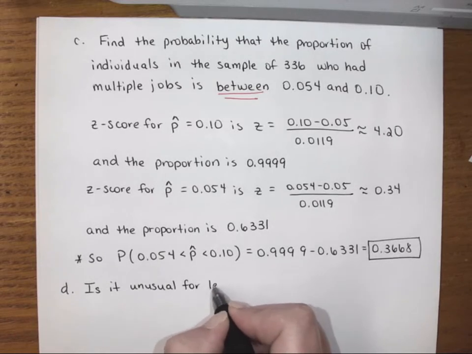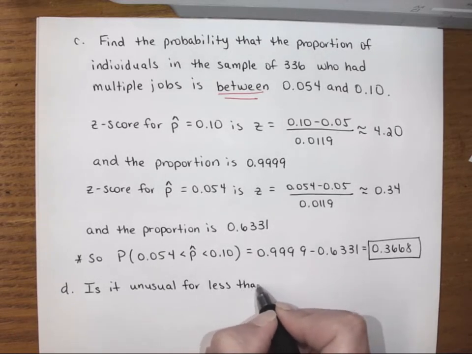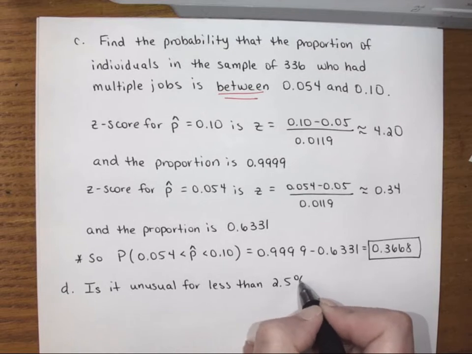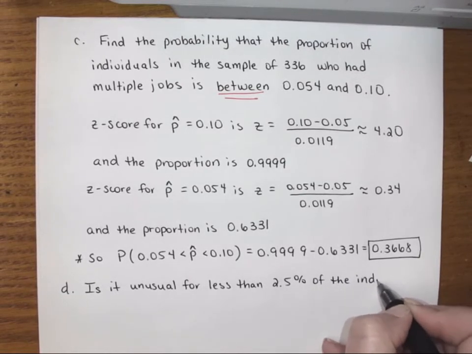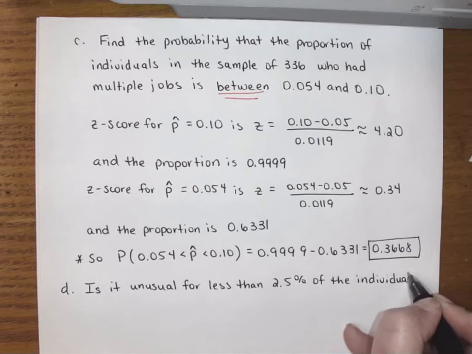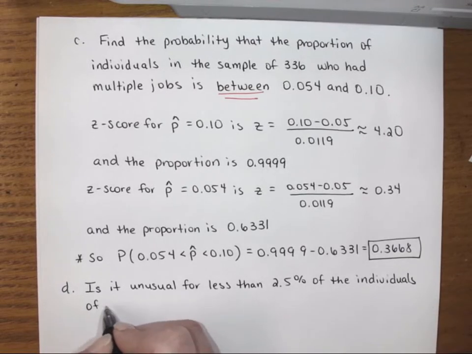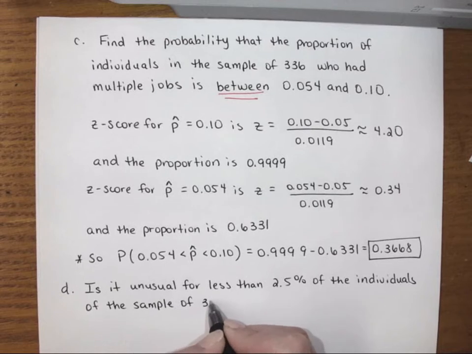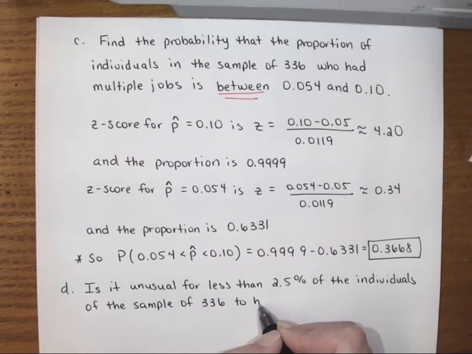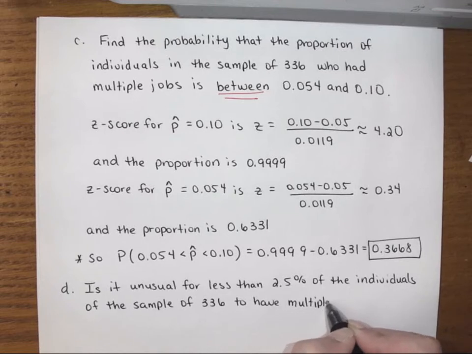So I want you to tell me, is it unusual for less than 2.5% of the individuals that are in the sample of 336 again to have multiple jobs? Remember, our threshold for unusual is anything less than 5%.